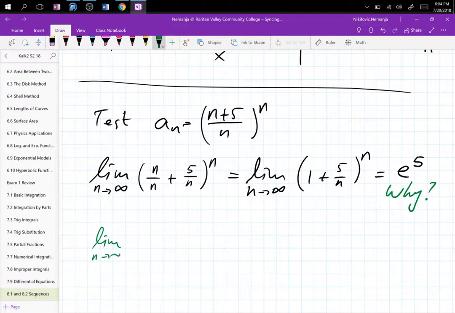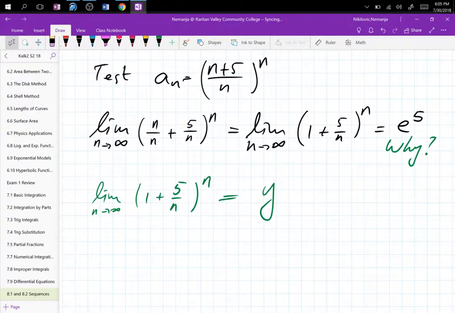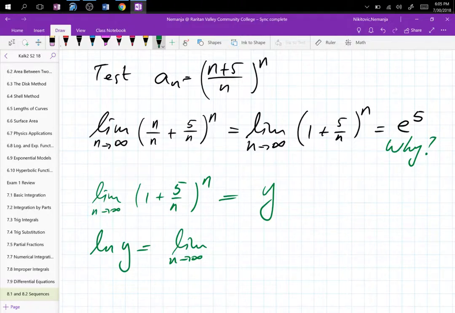Because the limit as n goes to infinity of 1 plus 5 over n to the n can be set equal to, say, a value y. Then we ln both sides, so we get ln y is equal to the limit as n goes to infinity of ln of 1 plus 5 over n.